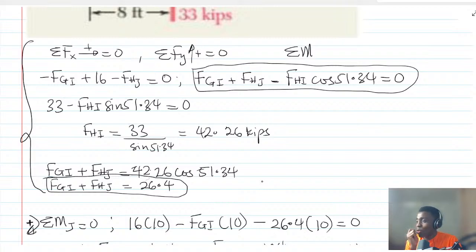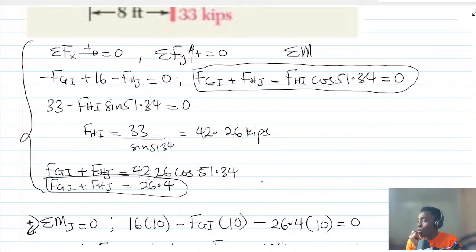But likelihood is that it's going to be method of joint, because that is where you do a lot of things. Or he can bring method of section, and ask you to take sections all about, so you may end up taking more than one, or two, or let's say three. But you can also be asked to find the forces in all the members.